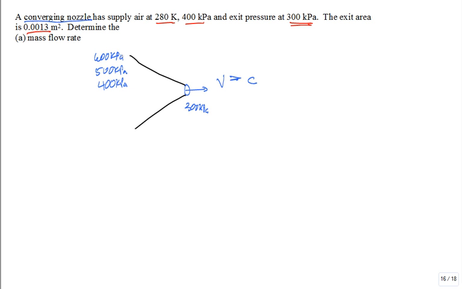Eventually it'll be choked. You can't force any more through it. The mass flow rate will be maxed out. But if you don't know this, you just forget about the shocks and run the equations, and the Mach number will be like 2.2 at the exit. Or the exit speed will be 2.2 times the speed of sound. Can't happen. The students failed to check to see if it was choked.